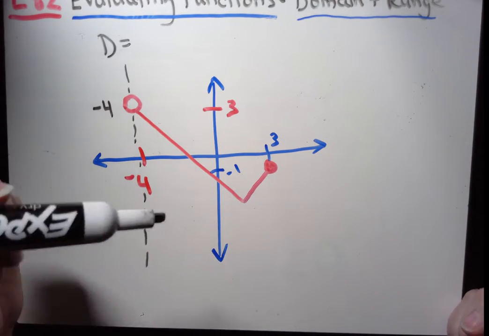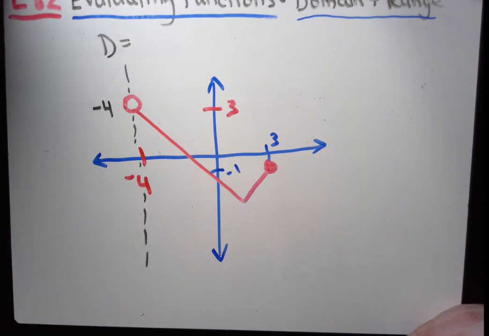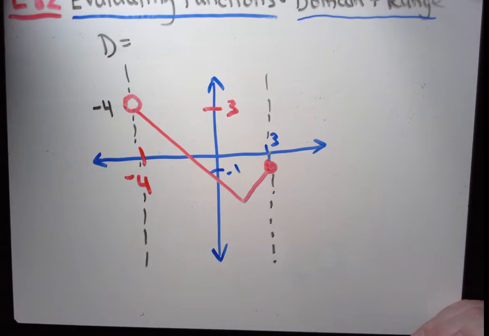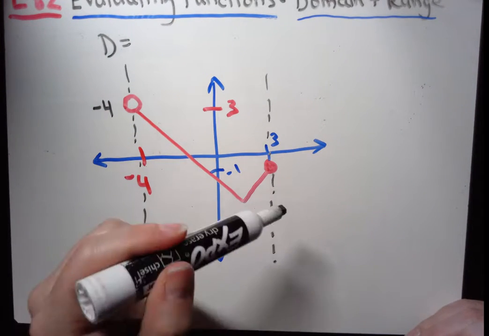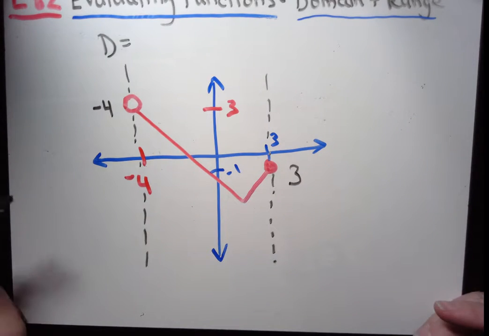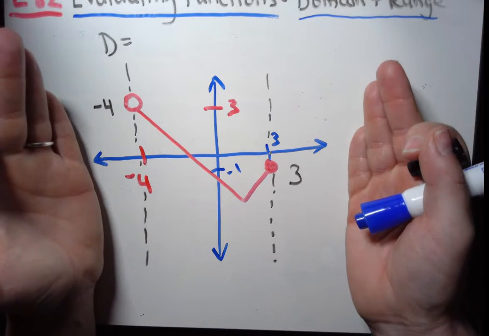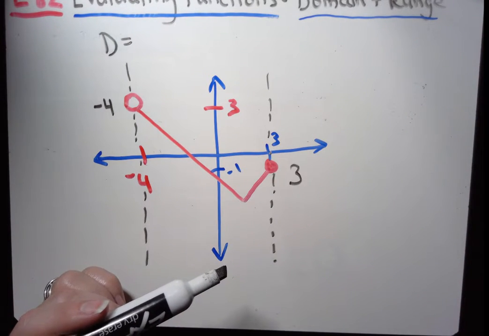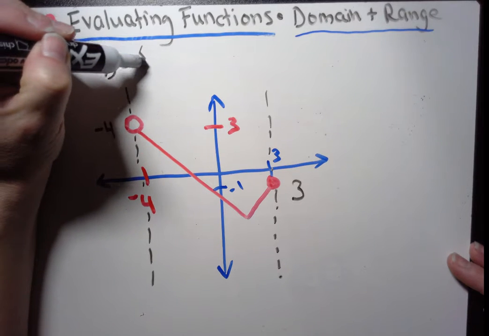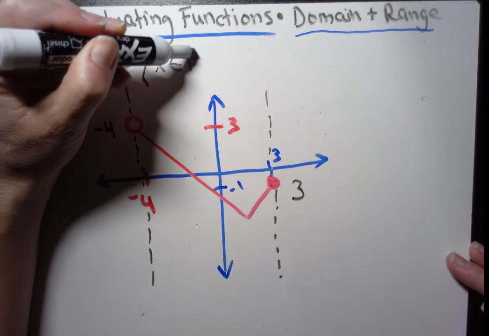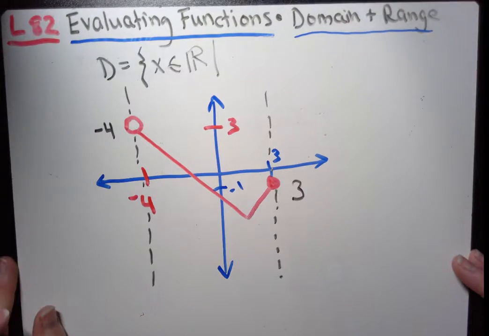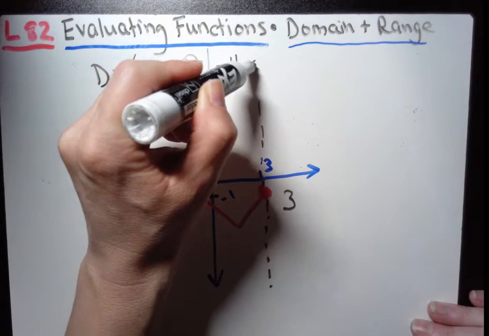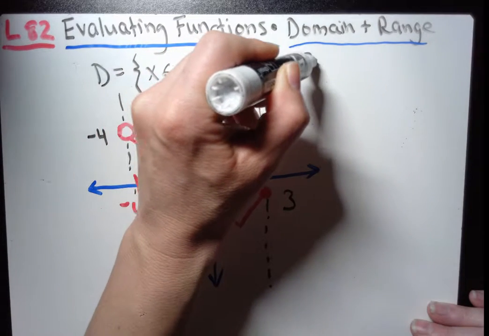And then the highest possible x value is going to be the most far right I can get. So the most far right would be this. And the x value here is 3. So the x's are in between -4 and +3. So how do I write that? I just say x is a real number such that -4 is less than x is less than or equal to 3.